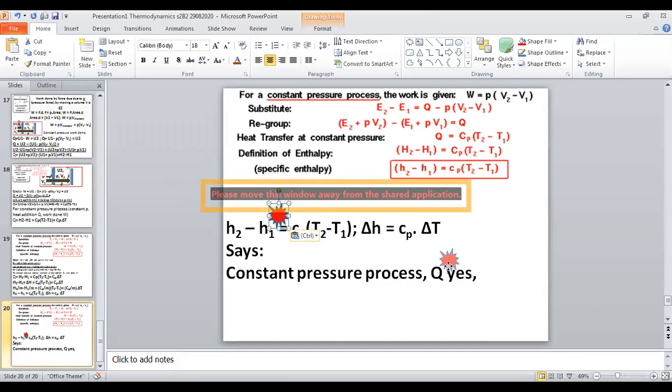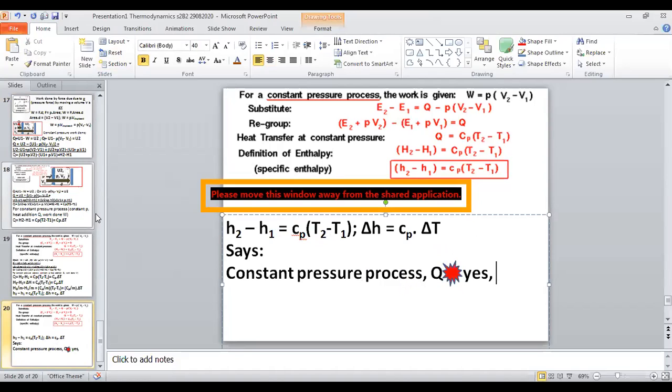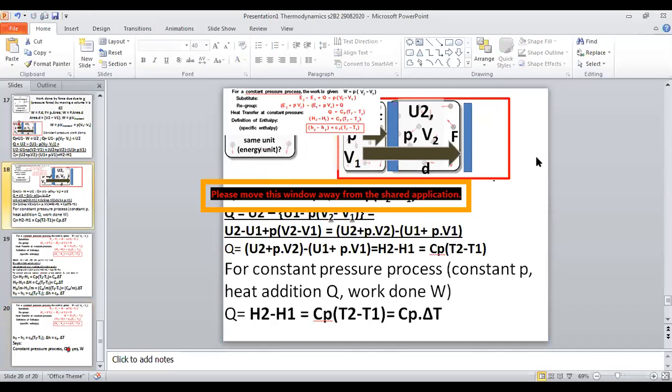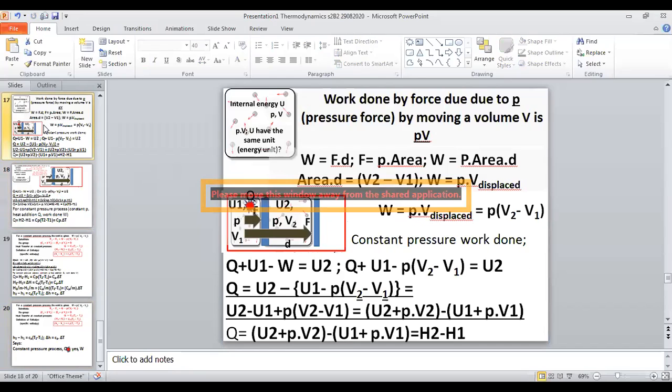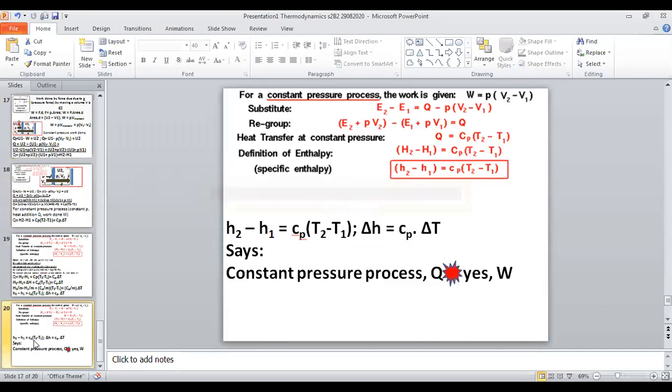Q is yes. W, okay, W means what? Force and displacement is yes.